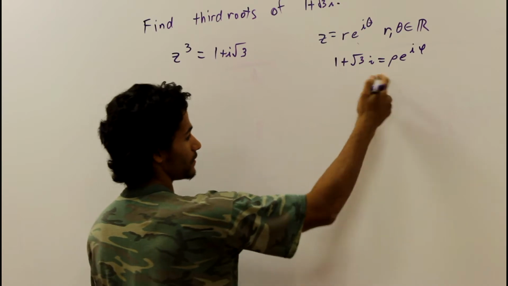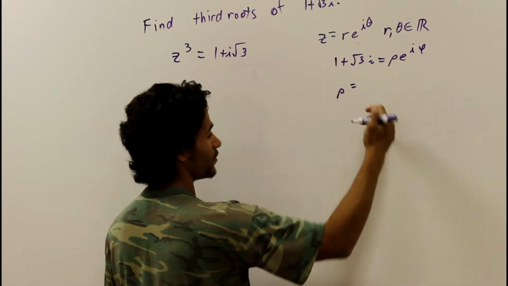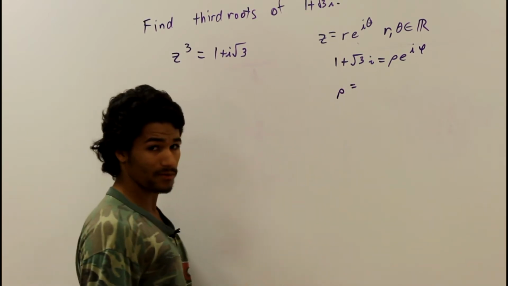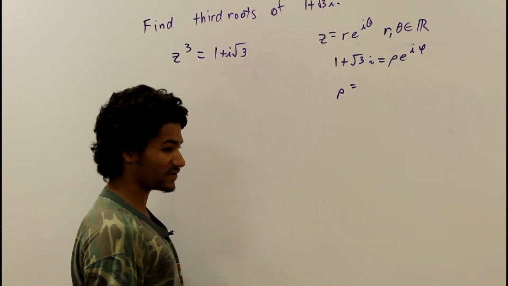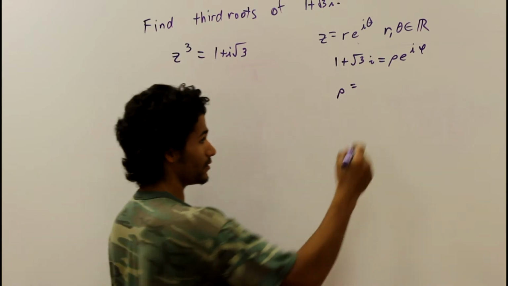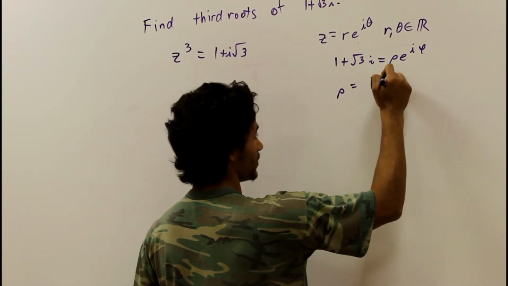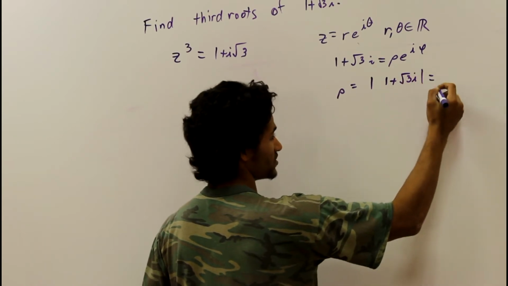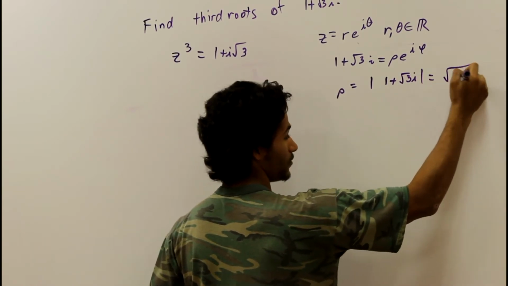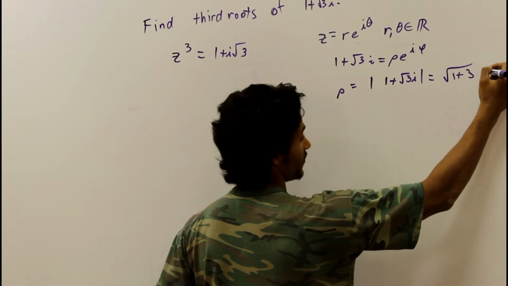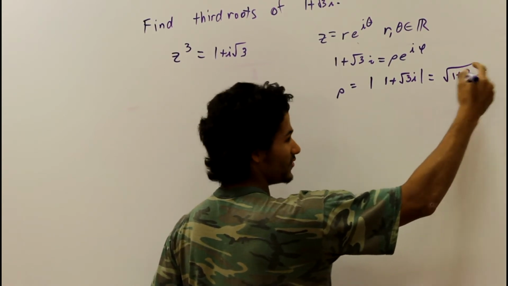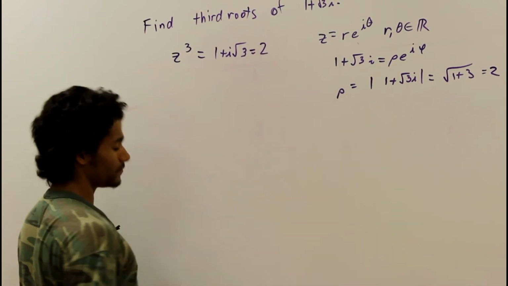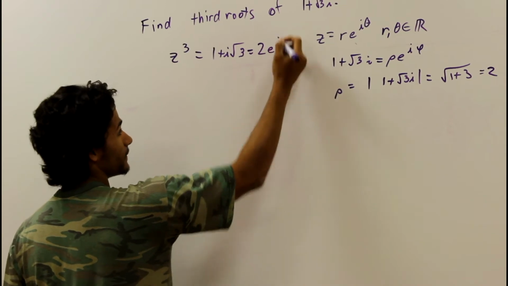To find the radius, it's always the modulus, or the distance away from 0. In complex numbers, that just means the distance away from the origin, or the absolute value of 1 plus radical 3i, which is radical 1 plus 3, or radical 4, which is 2. So this is 2 e to the i.